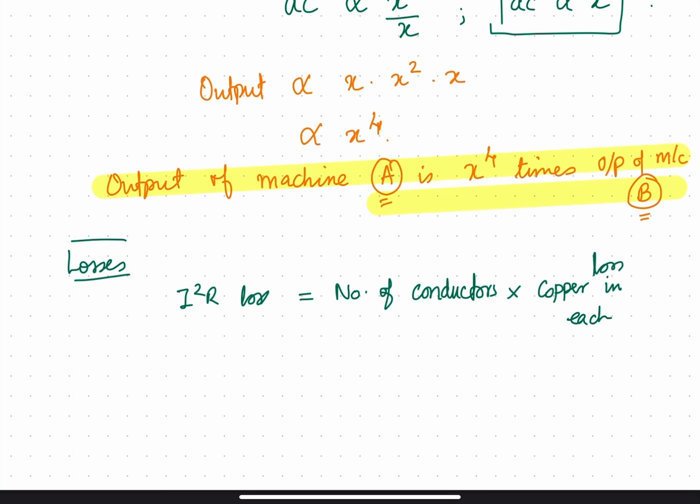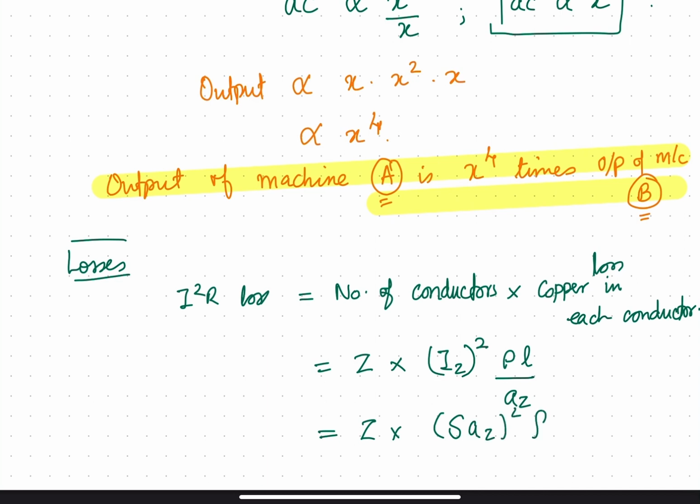I mean the copper loss in each conductor, right? So this is Z times Iz square rho L by Az, number of conductors into the I square R loss of the conductor. So if you further see this, this is delta times Az square rho L by Az.